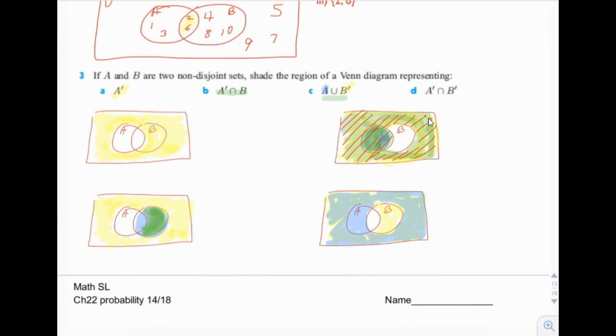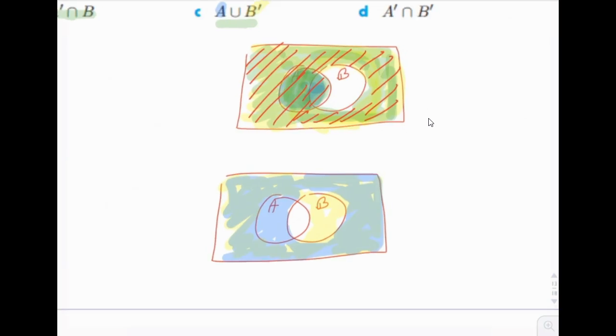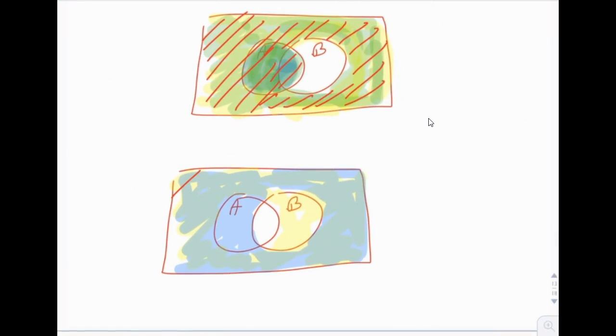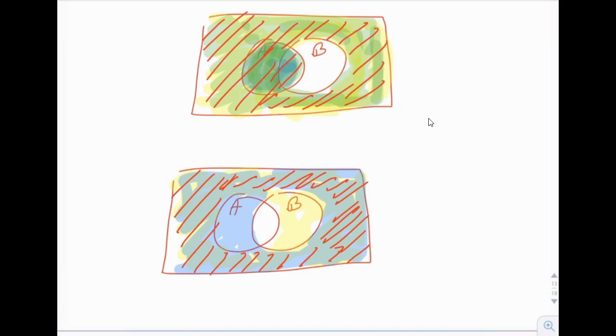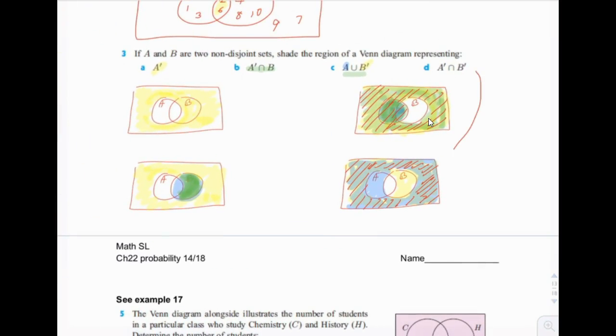I'm going to intersect those two together. So where is the intersect? The intersect is the outside of both. Do you see how the A bit apple is blue and the B bit apple is yellow? So the intersection is actually outside of both. Okay? So that's that one. And that's that one. And that's that one. And that's that one.